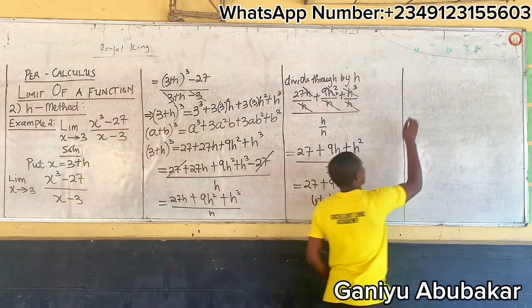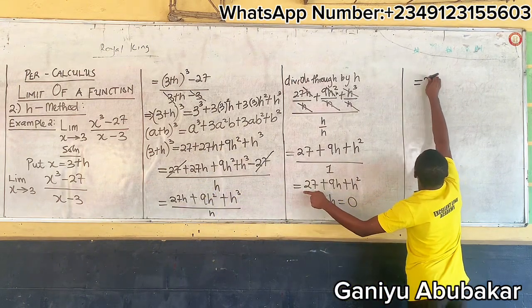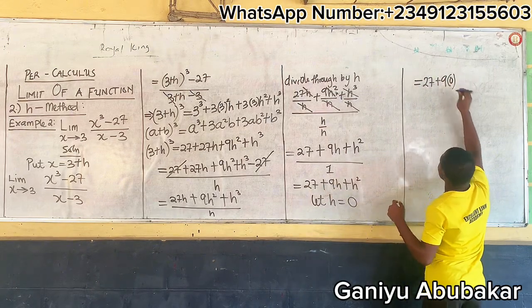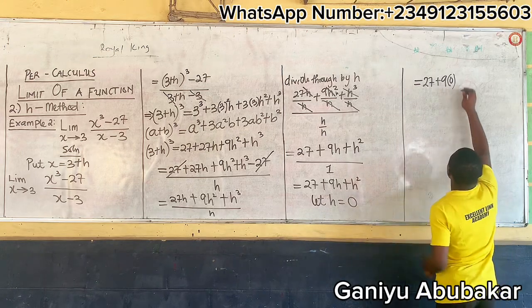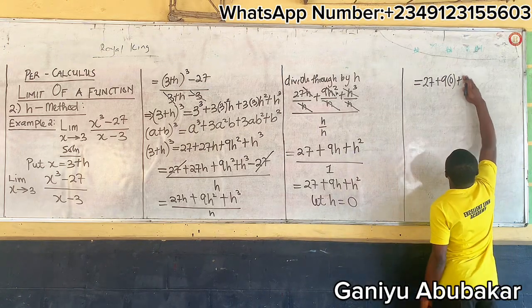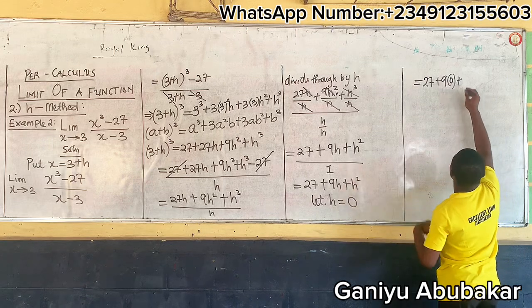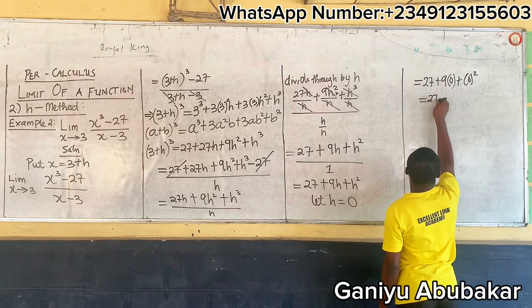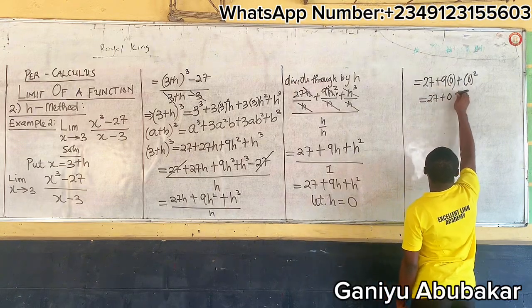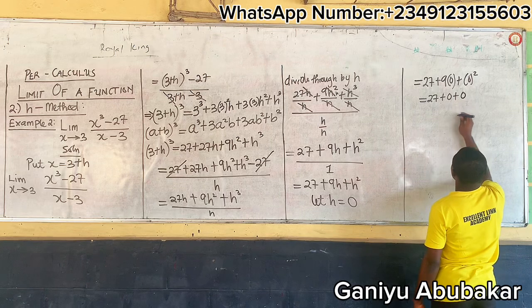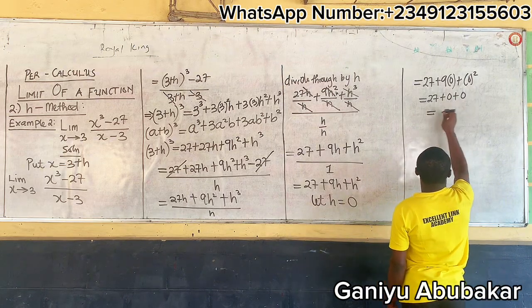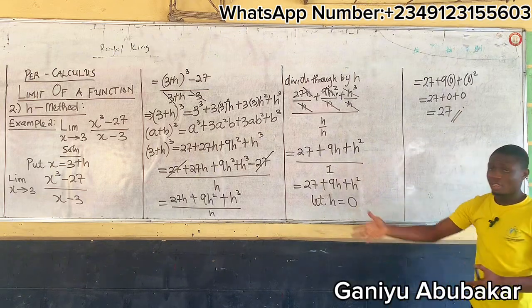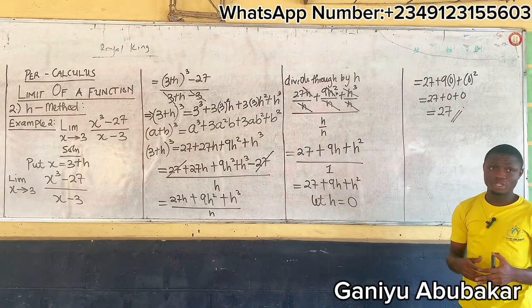So this is now equal to 27 plus 9 times 0, plus h squared, which becomes 0 squared. If I break this down, it becomes 27 plus 9 times 0 is 0. 0 squared is still 0. 27 plus 0, I'll have 27 as my answer after evaluating this limit.